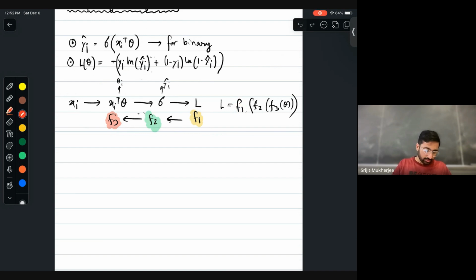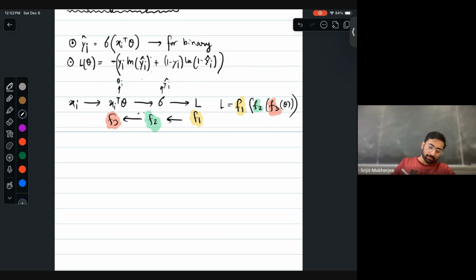So the loss is F1, the sigma is F2, and then F3. Similarly, you can find the derivative of all of them. The goal is to find the derivative of all of them one by one.